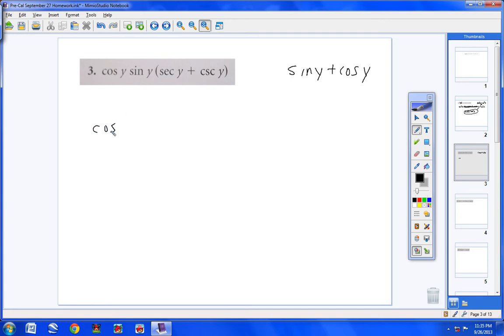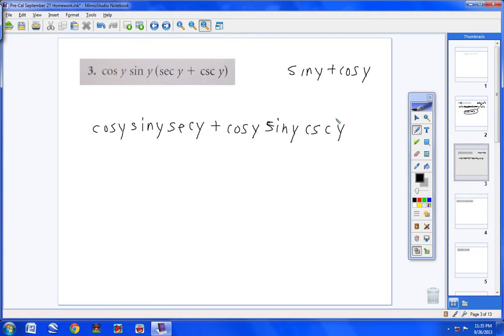So that would be cosine y sine y secant y. And then cosine sine times cosecant. That would be plus cosine y sine y cosecant y. Okay?